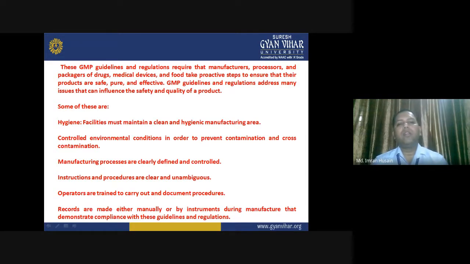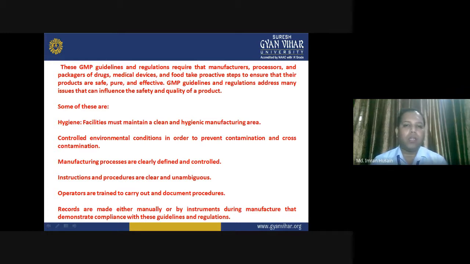So these GMP guidelines and regulations require that manufacturers, processors, and packagers of drugs, medical devices, and food take proactive steps to ensure that their products are safe, pure, and effective.